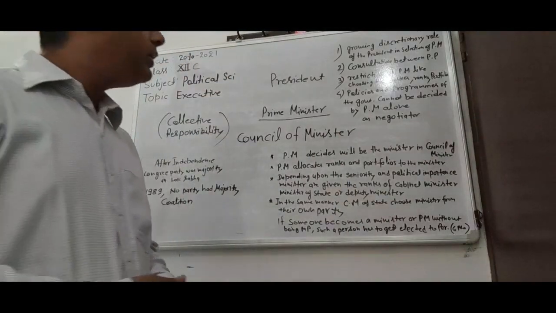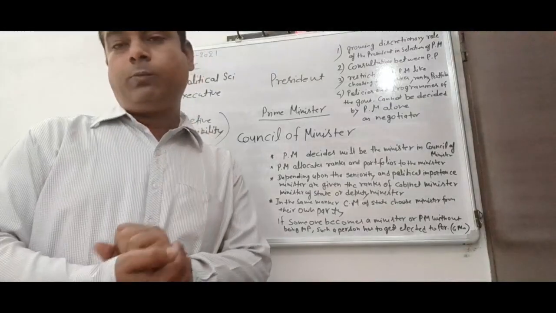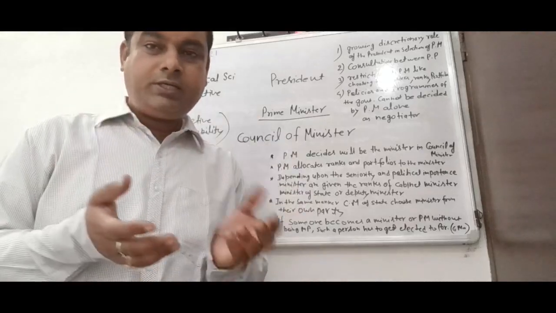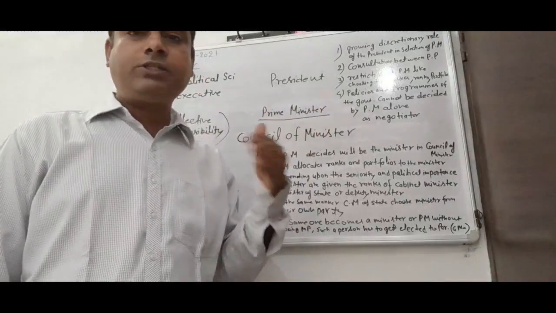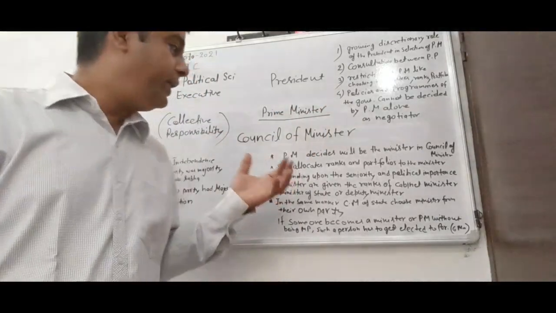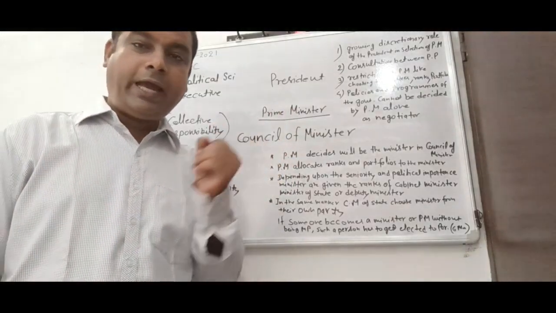Class, a governor is appointed in the state by the President on the advice of the council of ministers headed by the Prime Minister.